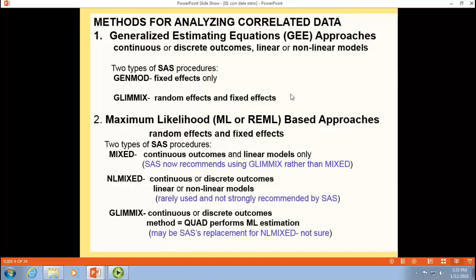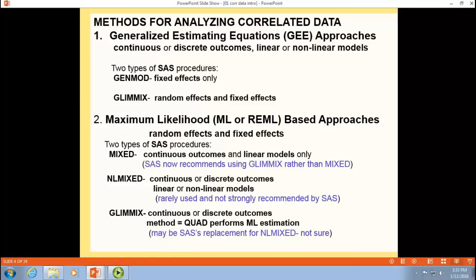Now, when you're talking about generalized estimating equations, the GEE approach, you're not dealing with a likelihood function. You're dealing with some problem of correlated data where you want to come up with an analysis to get estimated coefficients and maybe odds ratios or estimated regression coefficients. But you're not going to assume that you are able to come up with a likelihood function because you don't actually know the distribution of the outcome.